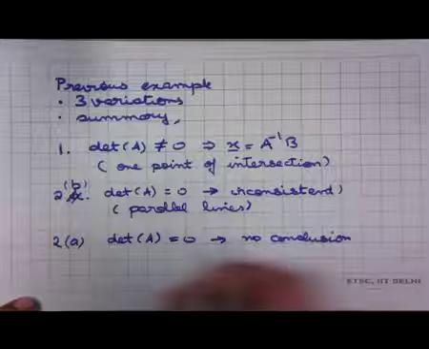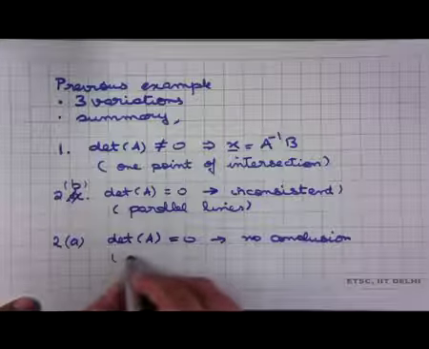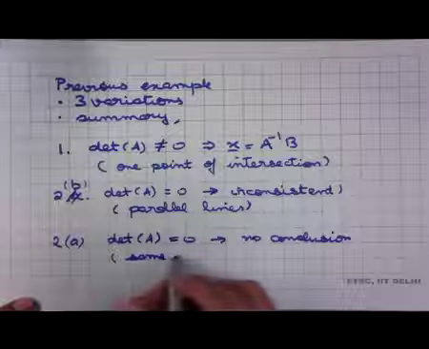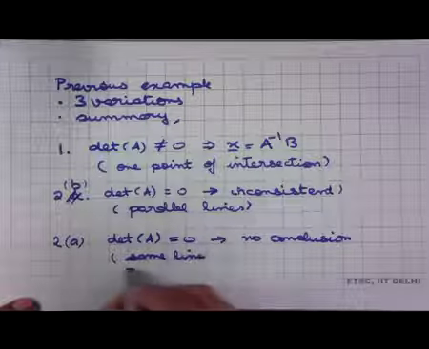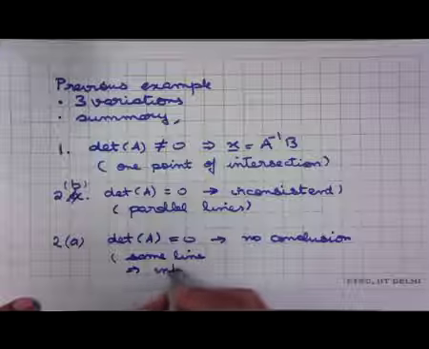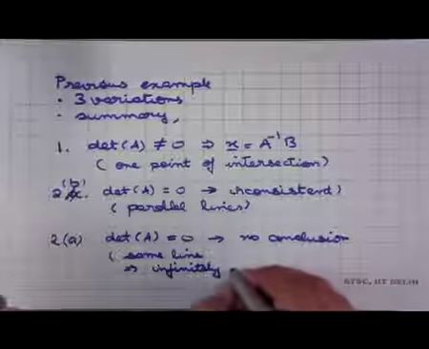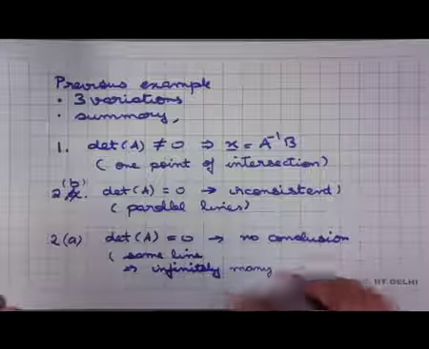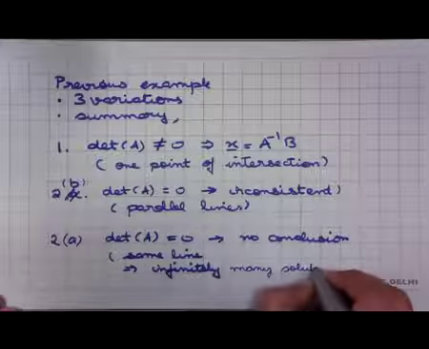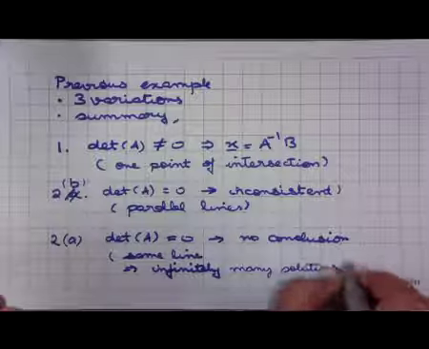But from the underlying geometry, we knew that this was the same line, so infinitely many solutions.